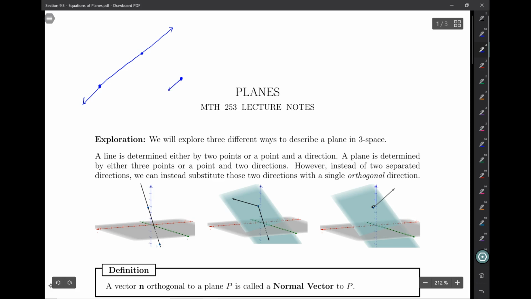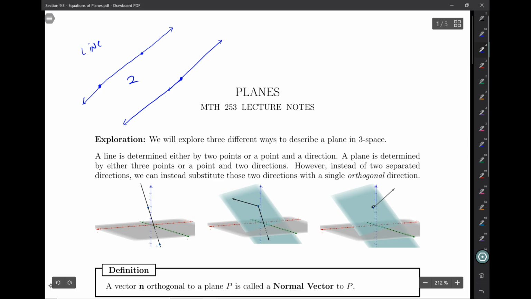Let's say that direction. And then that determines a very unique line. There's only one line that can be drawn on that point pointing in that particular direction. So it takes two quantities, either 2 points or a point and a direction, to determine a line.